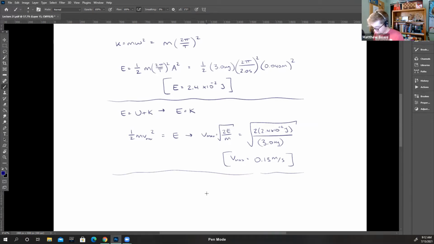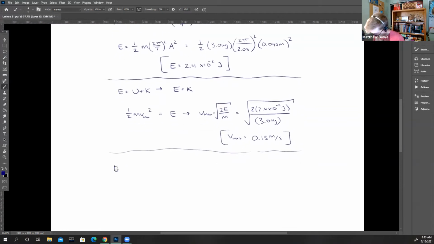Now for this specific part of the problem, we want half of its fastest velocity. So that means there's still going to be some potential energy left over. It's going to be some potential energy and some kinetic energy. So we have E equals U plus K, that'll equal 1/2 kx squared plus 1/2 mv squared.